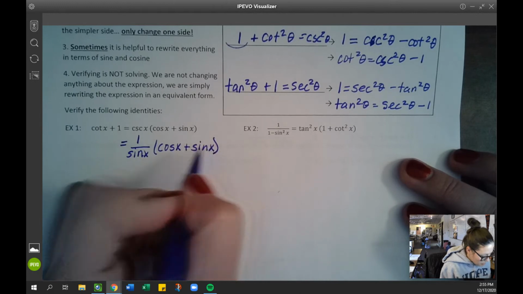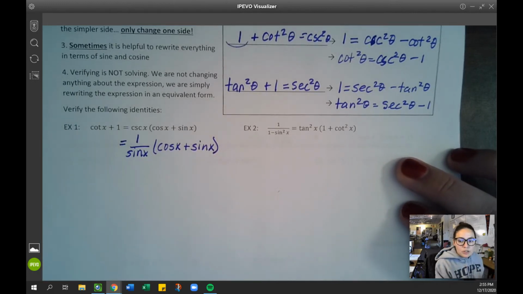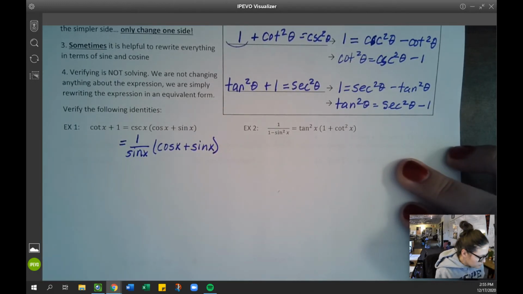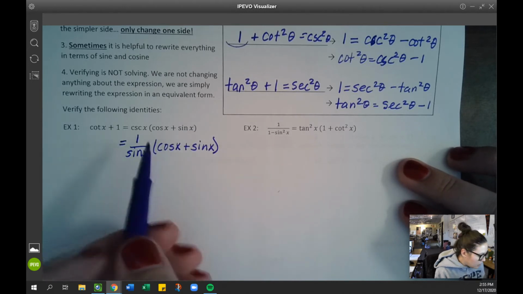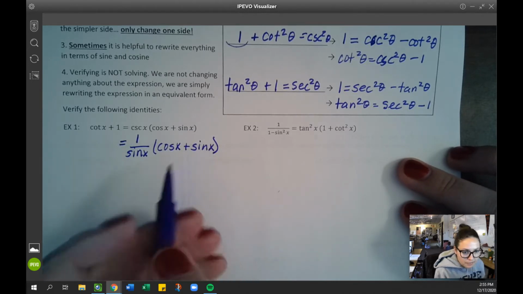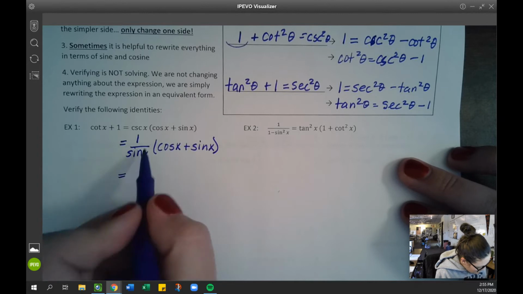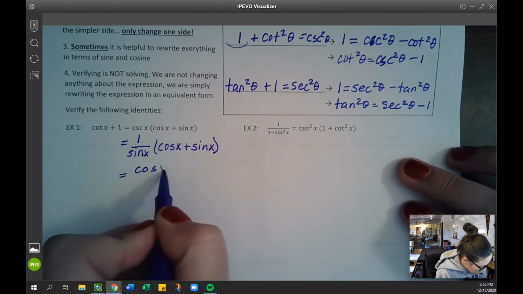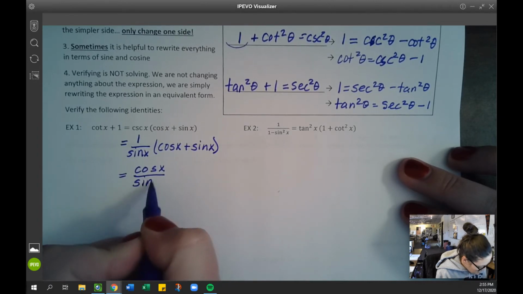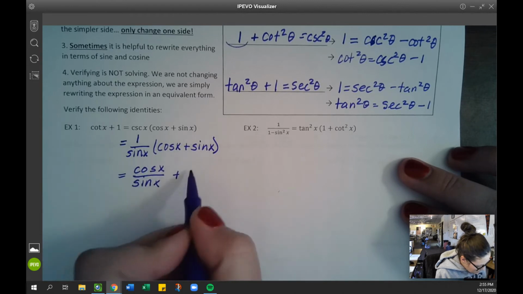So I'm putting things in terms of sines and cosines. And now I'm going to distribute. That gives me cosine over sine and sine over sine.